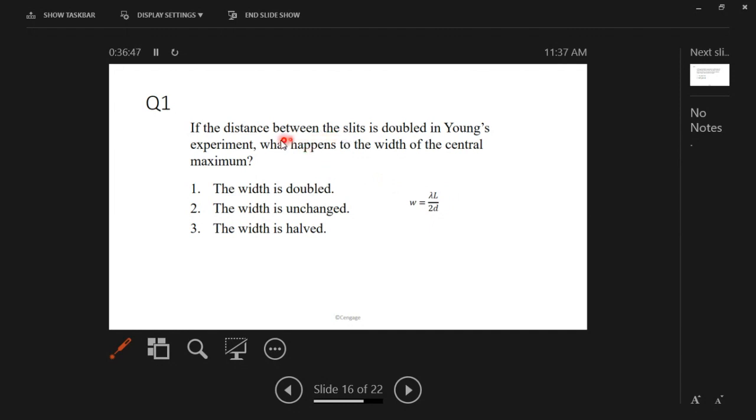What you have done is double the distance between the slits. You have doubled D, which is in the denominator of this formula. So if you double the denominator, what happens to W? It is going to be halved. So the correct choice is C.